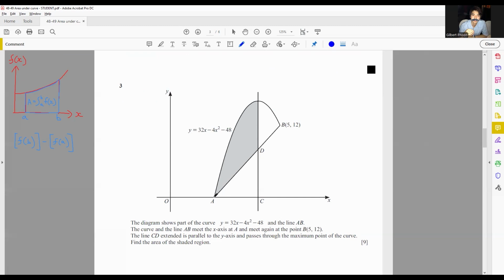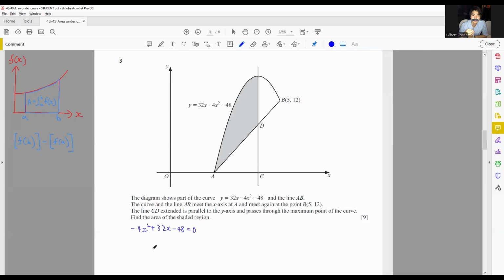To find the coordinates of A is basically when you solve your quadratic equation. So I can just write negative 4x squared plus 32x minus 48 equals 0. Type this into your calculator. You would have gotten x is either equal to 2 or x is equal to 6.